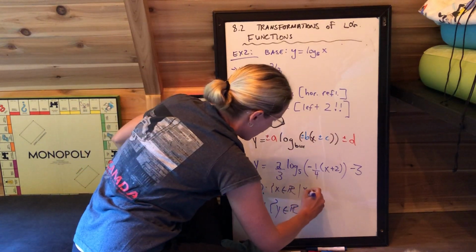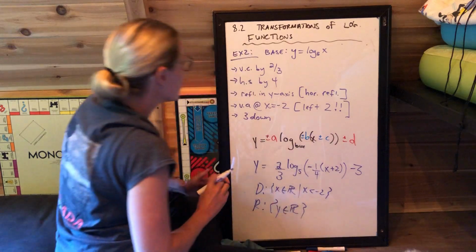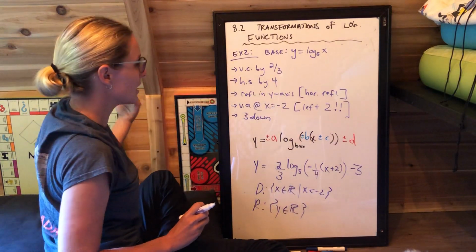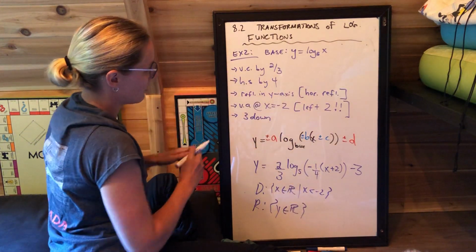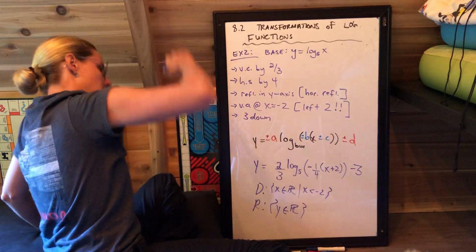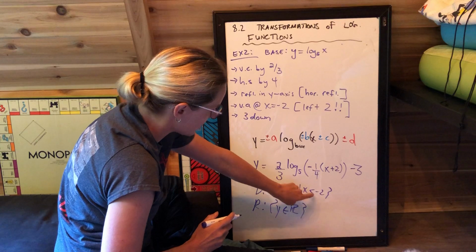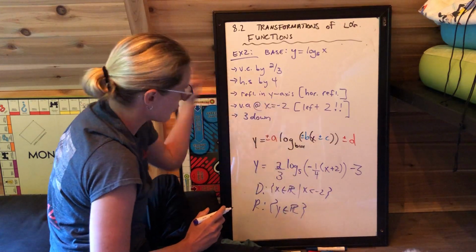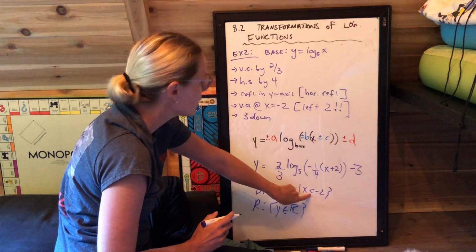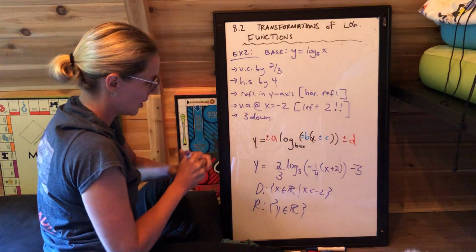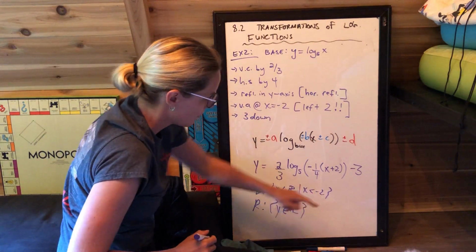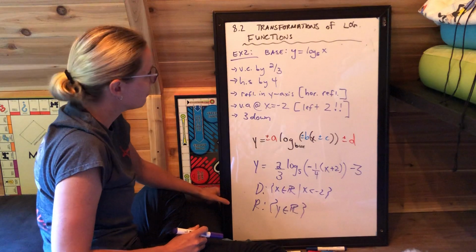X is going to be less than -2. Because once you reflect it, then you're changing what would have naturally gone this way. It's been reflected, it's now going this way, so it's actually less than. So look out, normally it would be x is greater than 0. As soon as there's a horizontal reflection, it changes the sign to less than. As soon as there's a left and right movement, it changes the boundary of your domain.